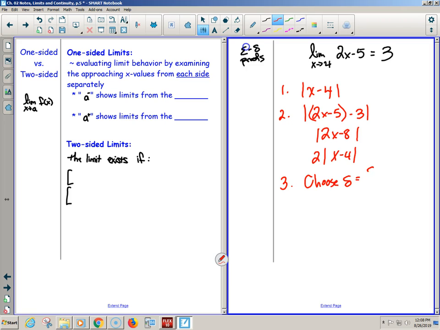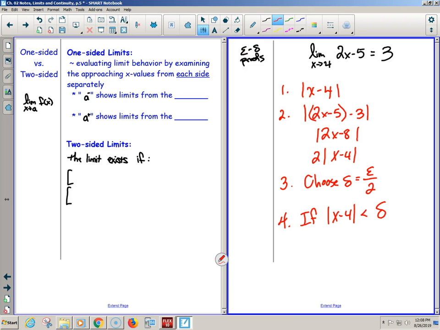Then the absolute value of x minus 4 is less than delta.